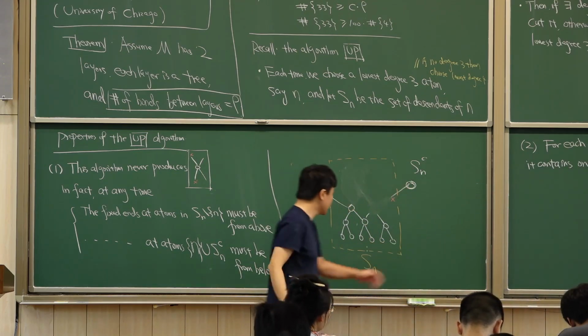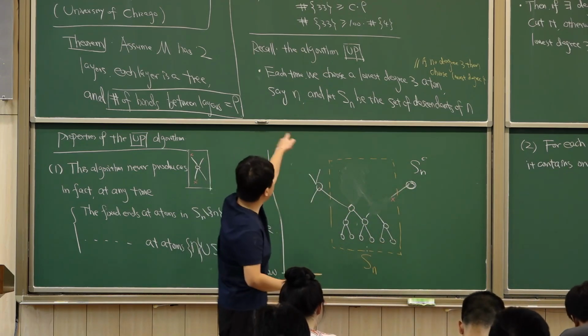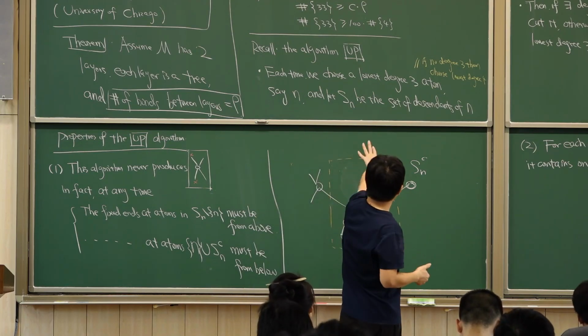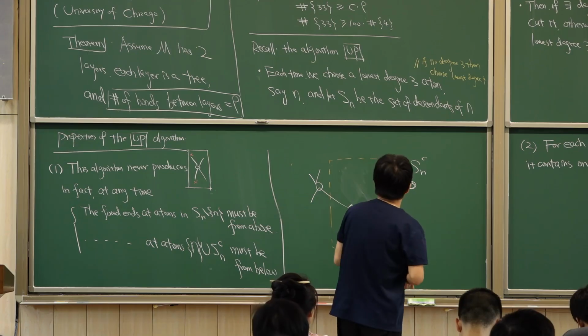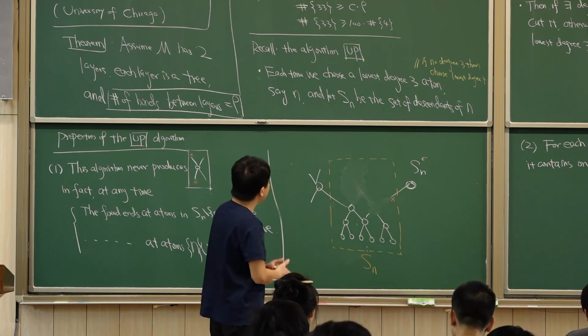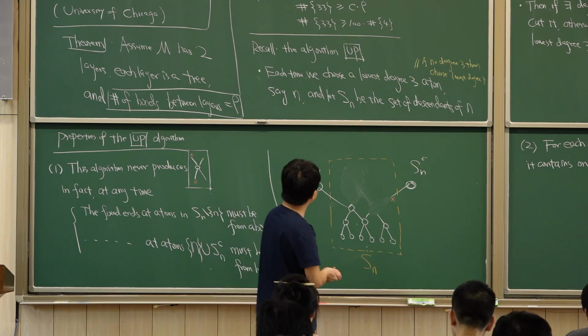And this is also easy because in the beginning you must have degree 4. In the beginning there is no degree 3 and you must choose degree 4. But once you make your first cut, then in the rest of the whole process, you are going to have something that is degree 3.